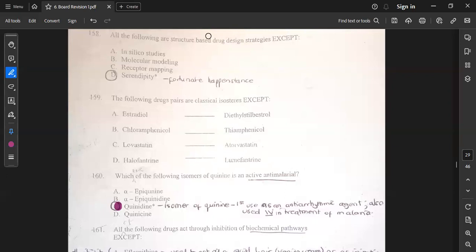Complicated malaria, what is the management? The first line is artesunate, which is given according to the body weight of the patient.